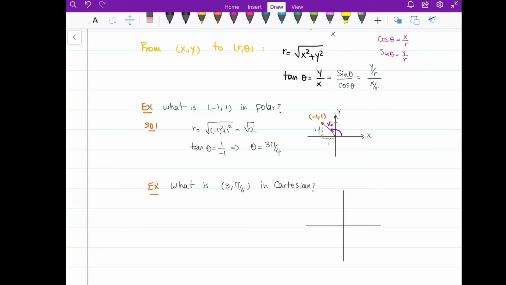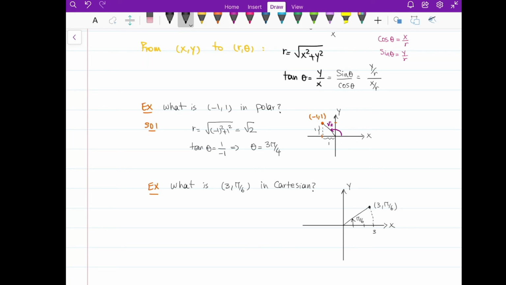Let me graph the point first. X-axis, y-axis, 1, 2, 3, so this is 3, and then I need to go along the circle of radius 3, but the angle would be pi over 6. So this angle is pi over 6. Along this circle, I get 3 and pi over 6.